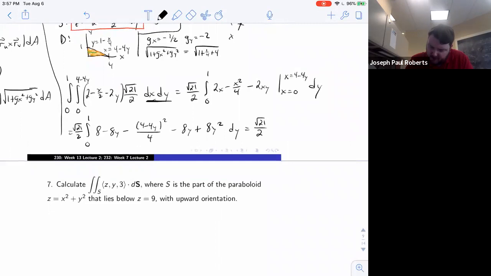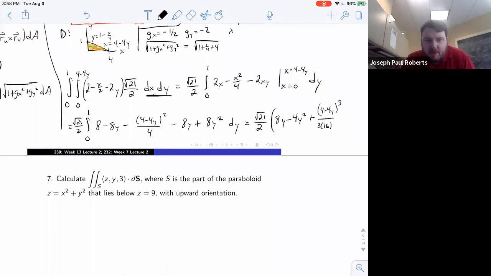And then from there, nothing too exciting. I guess I get what? 8y minus 4y squared minus, I'm going to leave this as 4 minus 4y cubed. I'm going to do a substitution.